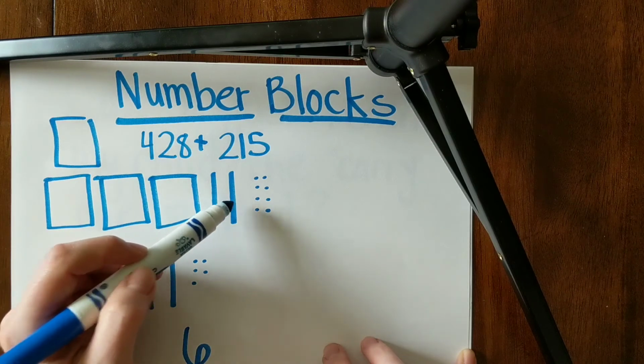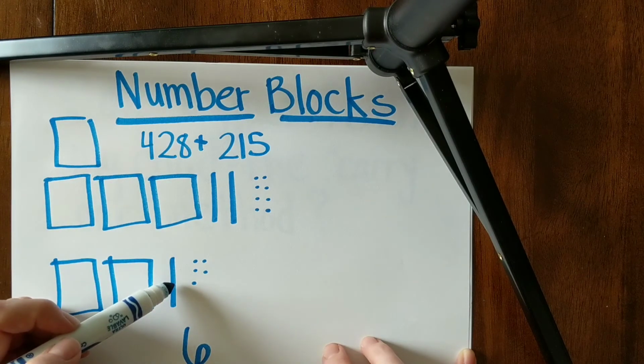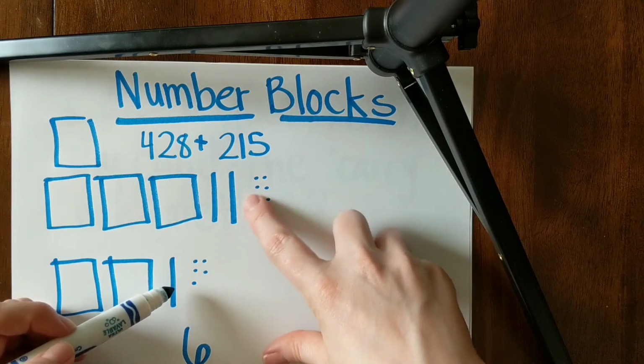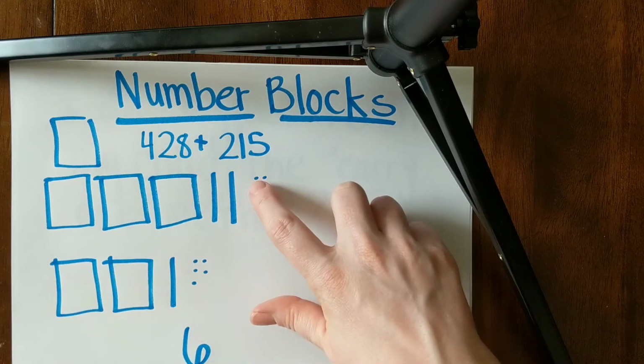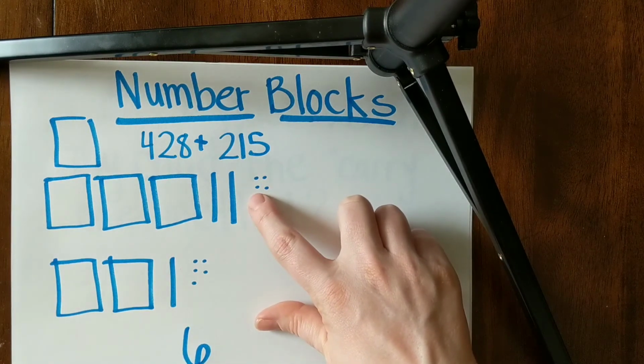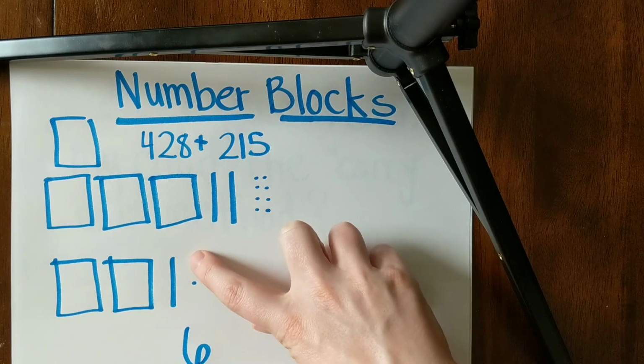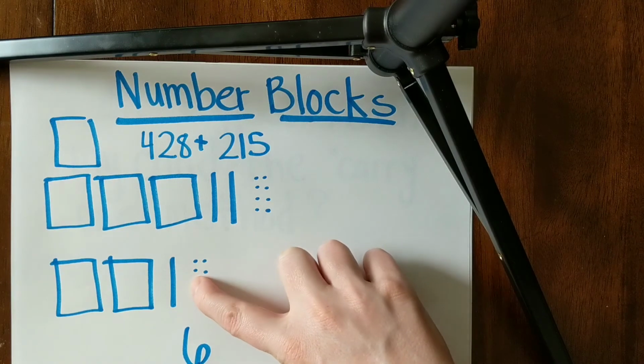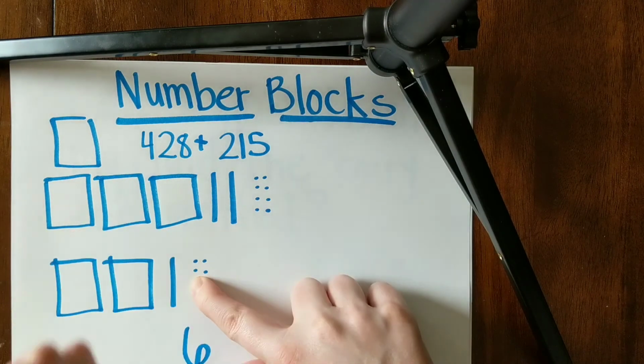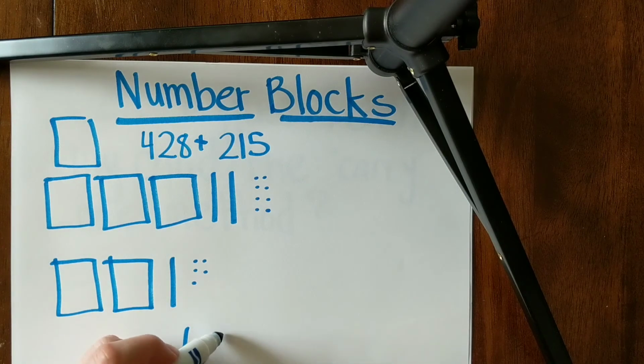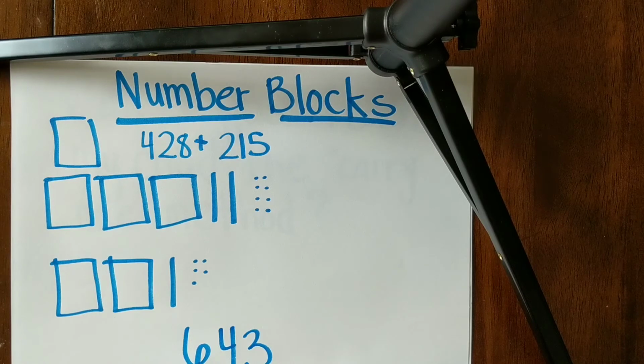I have 1, 2, 3 tens, but I know my 5 and my 8 here, I'm going to get an extra 10. So 1, 2, 3, 4, 5, 6, 7, 8, 9, 10, 11, 12, 13. Okay, and then I'm going to add on my 3 tens, which gives me my 643. I can add them up that way.